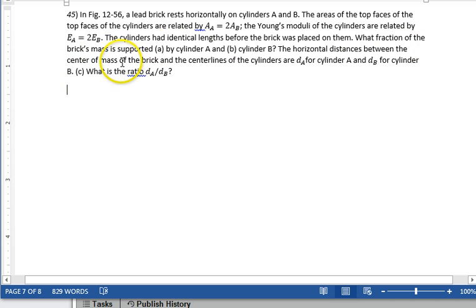Horizontal distances between the mass of the brick and the center lines of the centers of dA and dB, and what is that ratio? Okay, so part A. What do we know?